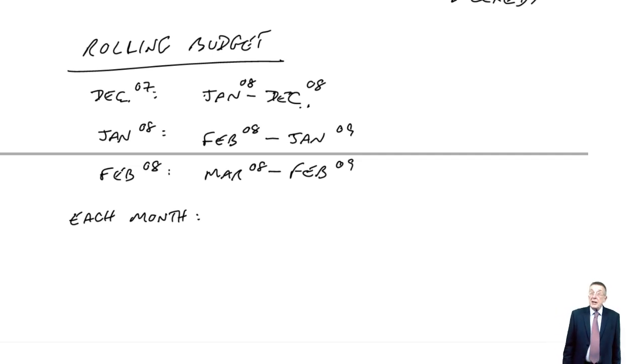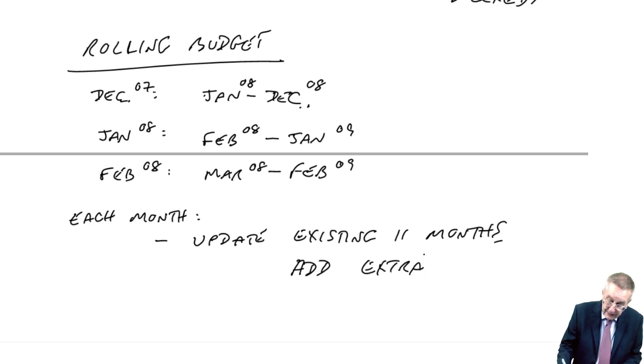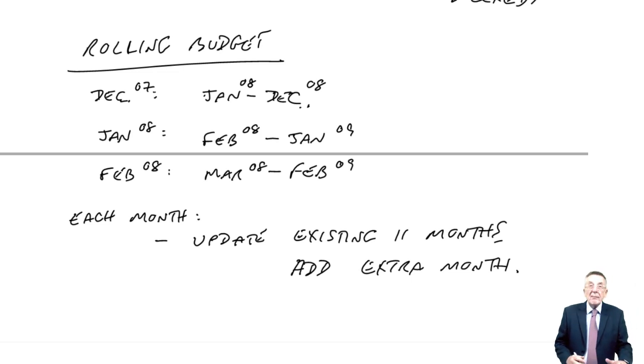January 08, we do February 08 to January 09, and so on. So when I come to do January 08, I want February to January. We've already got February to December. So all we need to do is update those 11 months and add an extra month. So each month, update the existing 11 months, add an extra month. So it's not quite as bad as it seems.